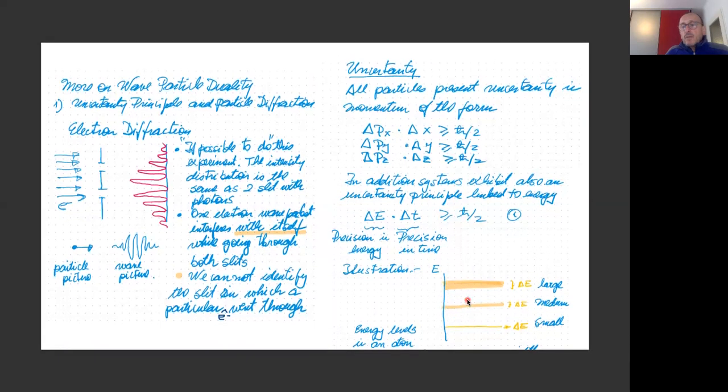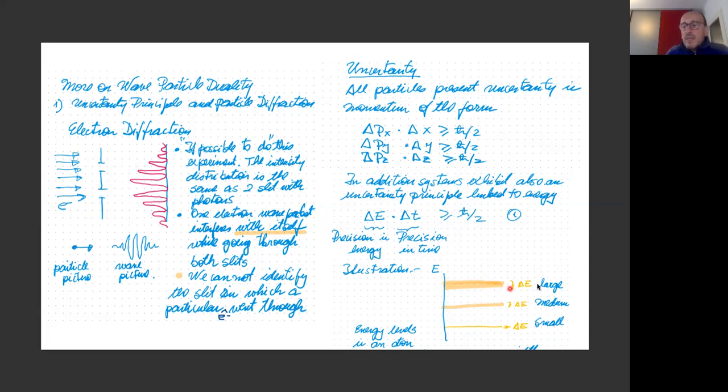So we have atomic levels that have a certain width, meaning instead of being a very narrow line, a state with a very well-defined energy, we have a state that can actually have a range of energies. All of this energy range is possible for this state.